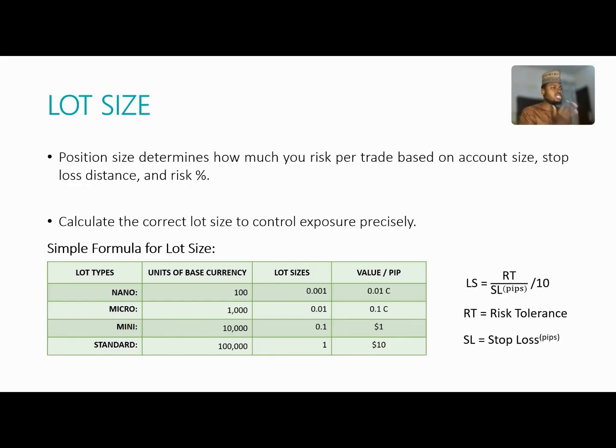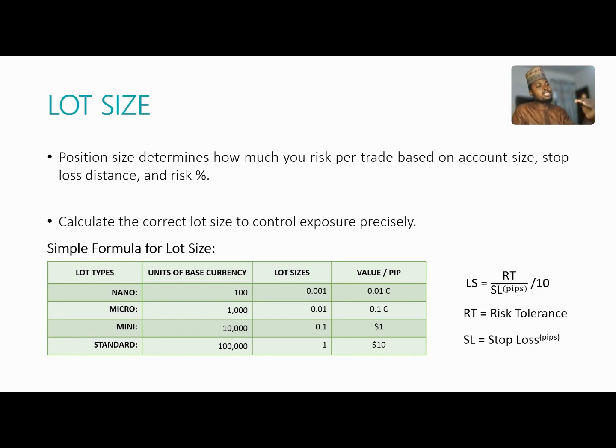If you use 0.01 lot, how much are you going to get if the market moves in your favor, and how much are you going to lose if the market moves against you? You will gain 0.1 cent if the market moves in your favor. If the market moves against you, you are going to lose 0.1 cent per pip movement.